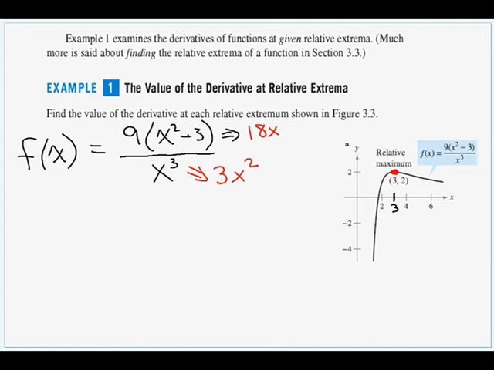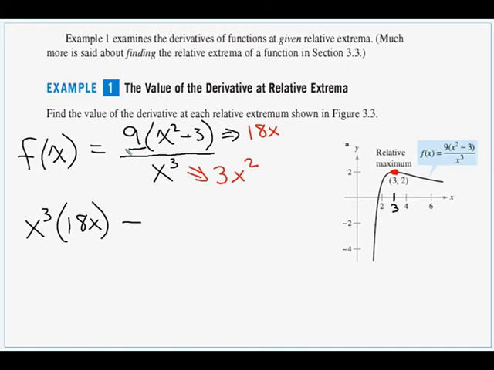So I'm going to do the quotient rule. Low d high minus high d low over low low. Low d high. So I'm going to multiply on this sort of diagonal. x to the third times 18x.